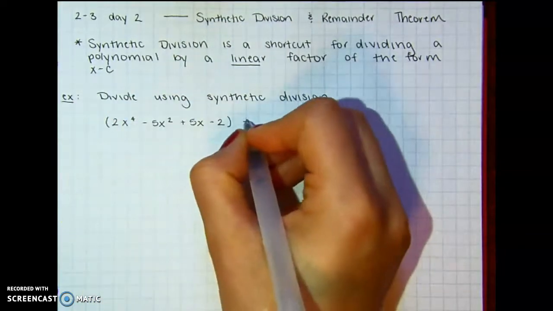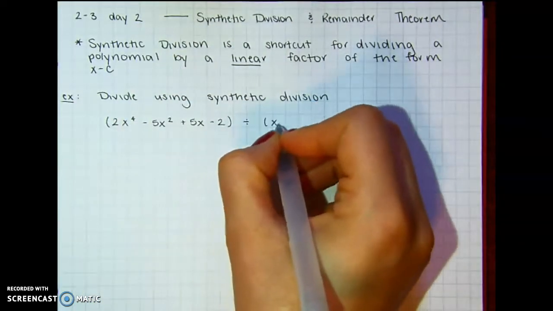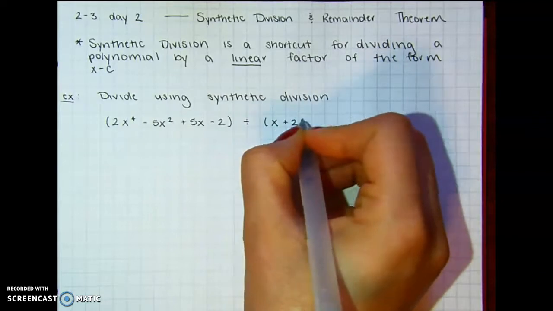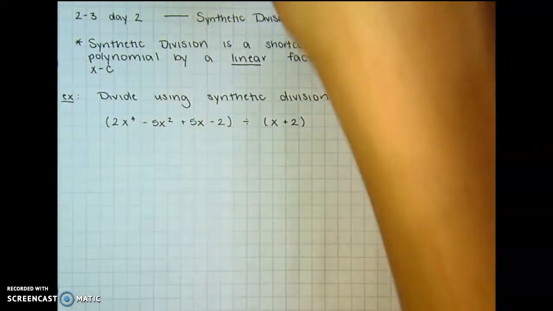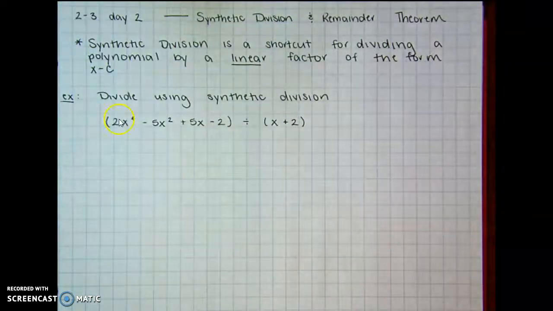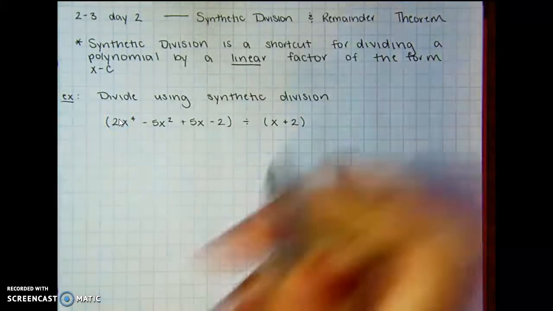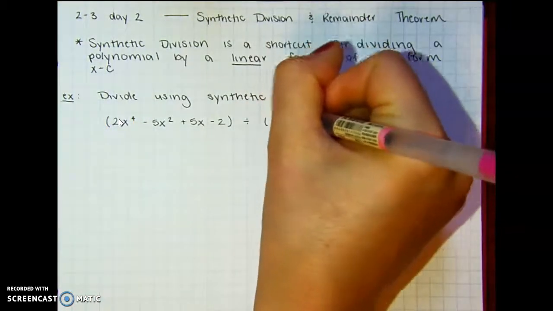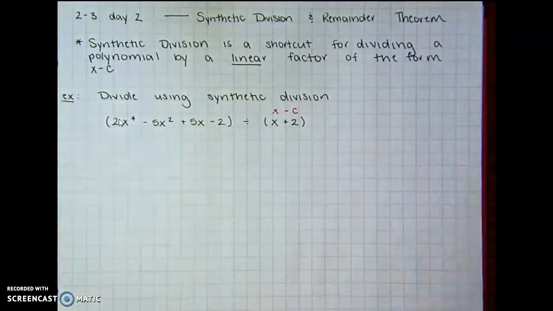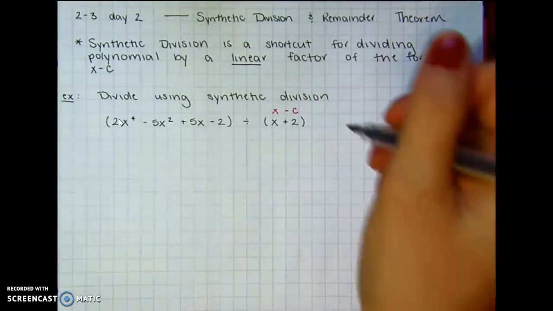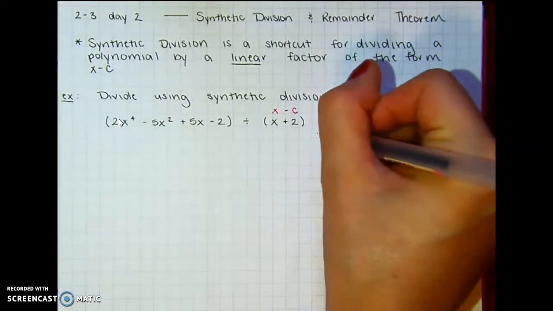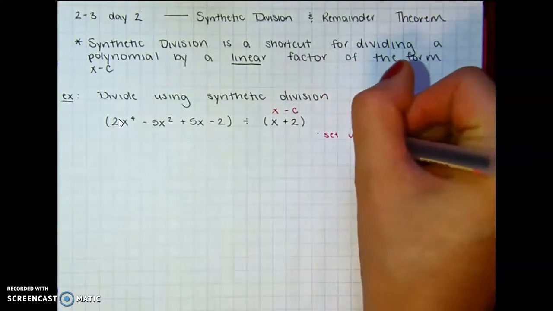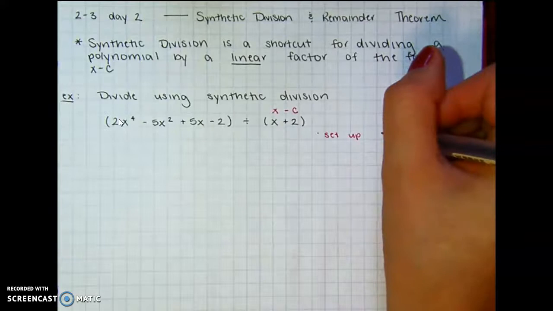So divide this by x plus 2. Okay, so this is like our x, this is our x minus c. Okay, so we set up synthetic division as follows.